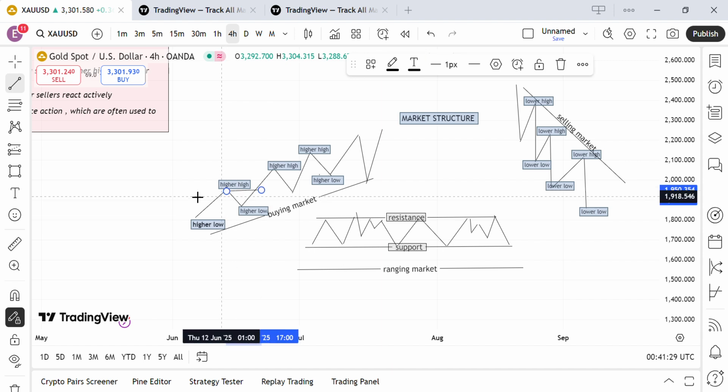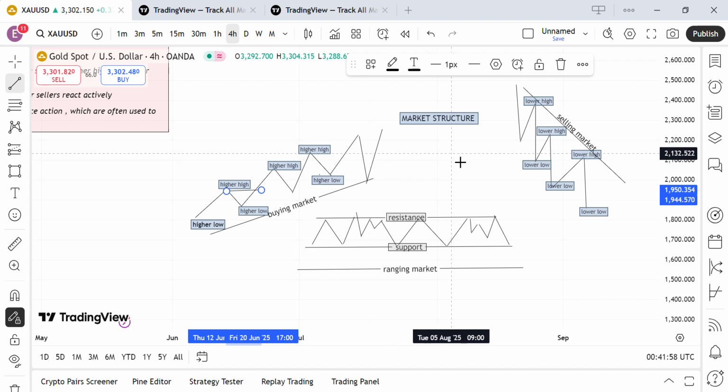This was the previous high. This is the previous higher low that created a new higher high. Then the higher high formed a new higher low, which we are expecting. For us to say that this market is bullish or is moving to the upside, it has to break the previous higher high, giving us another new high.